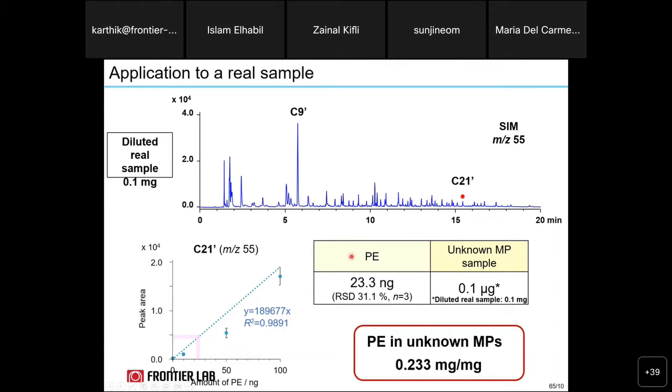I have shared the different hardware that is developed for making this splitless pyrolysis GCMS analysis possible for nanogram level microplastic analysis. Since we do not have a real sample of such nanogram level, we have taken this microgram level sample and diluted it, just to demonstrate the applicability.